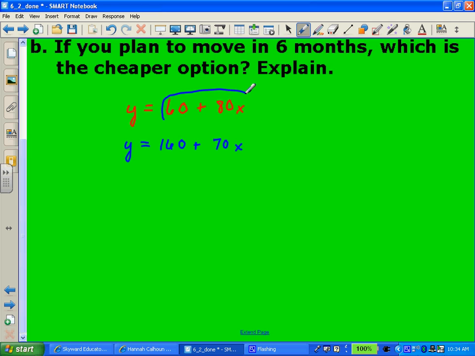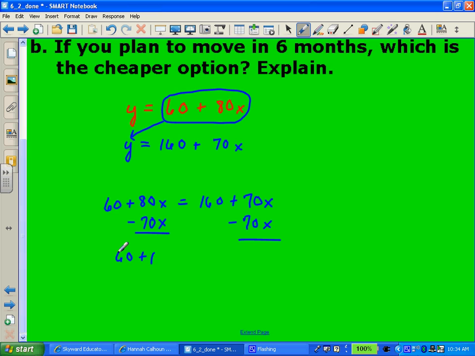So these are both already solved for y, so I can take this right here and plug it in for the y. So then I'd end up with 60 plus 80x equals 160 plus 70x. So if I get my x's on the same side here, I have 60 plus 10x equals 160.